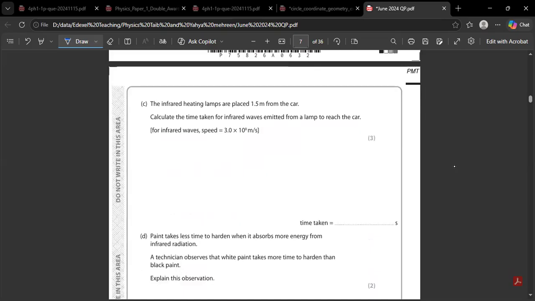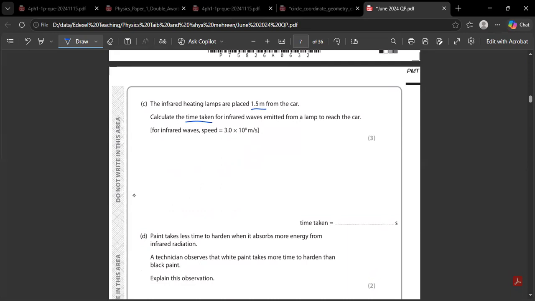The infrared heating lamps are placed 1.5 meter from the car. The distance is given. Calculate the time taken for infrared waves emitted from a lamp to reach the car. So we have to find out the time. For infrared waves, the speed is given, which is 3 into 10 to the power 8 meter per second.